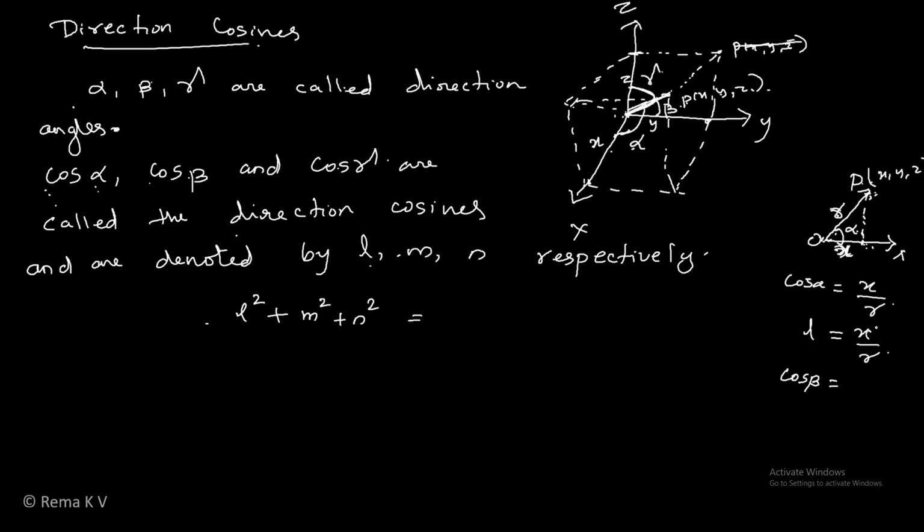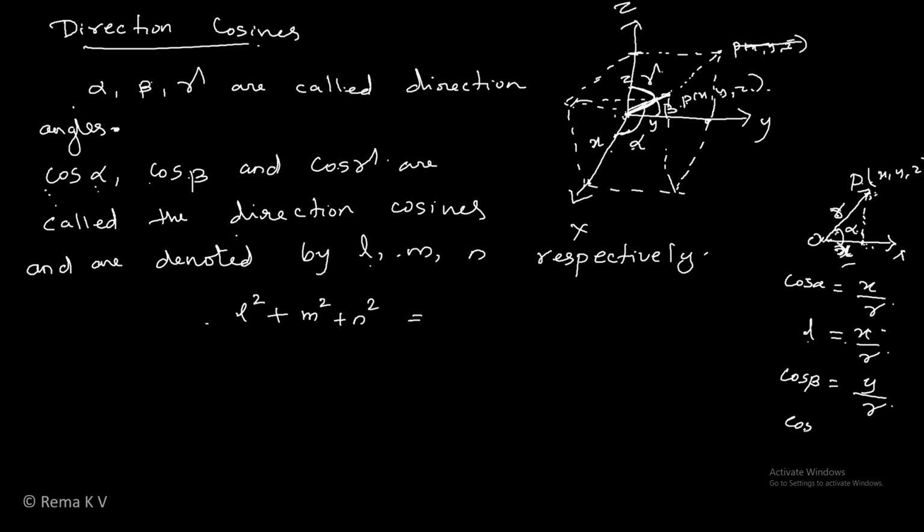So cos alpha is defined as x by R, and since cos alpha is denoted by L, L is equal to x by R. What about cos beta? Instead of the x-axis, you have to consider the y-axis here. Cos beta is defined as y by r.